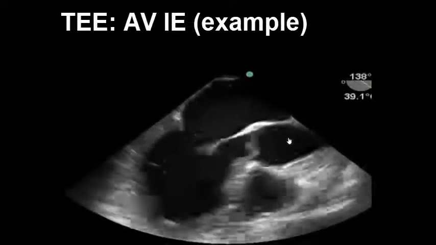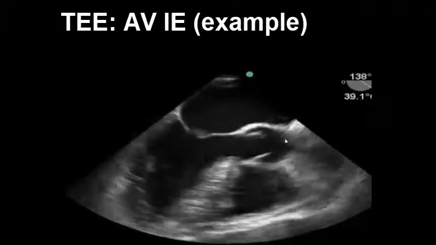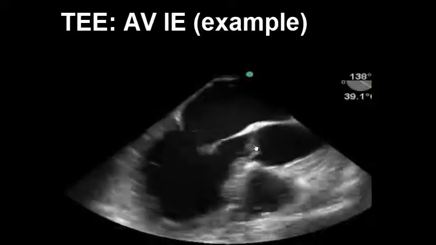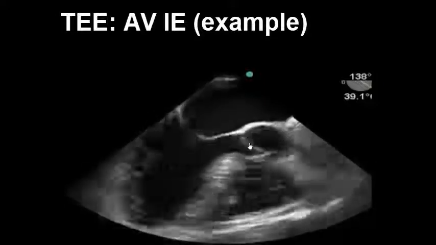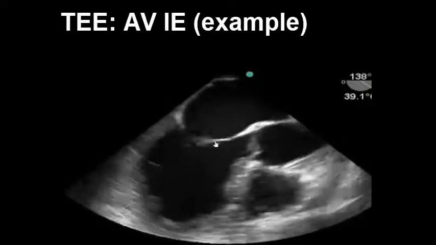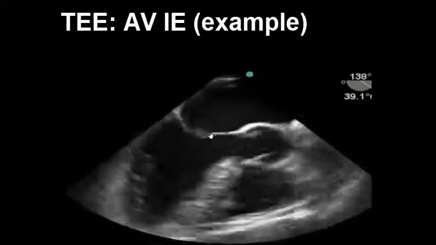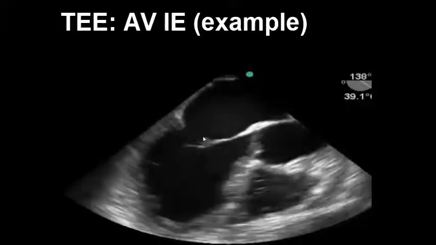In this example, we see the aortic valve seen here on screen right, and we see a vegetation which is strand-like in nature on the non-coronary cusp of the aortic valve. There also seems to be, on the atrial side of the anterior mitral valve leaflet, another vegetation sitting on the mitral valve.